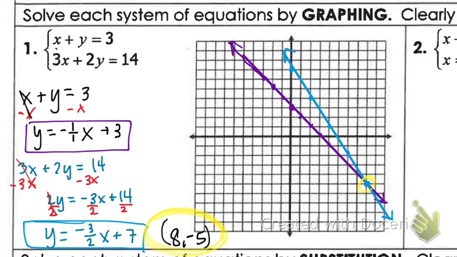If you have parallel lines that never cross, what type of solution will you have? If your lines look like this on your graph, if they never intersect, is there a solution?